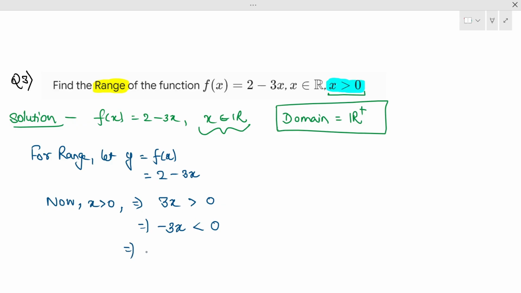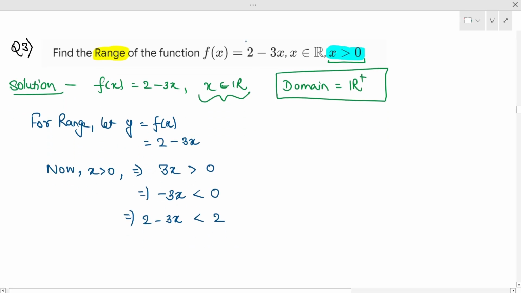And if I add 2, then 2 minus 3x will be less than 2, right? So basically we added 2 on both sides. Next, we can see that this is basically y, which means y is less than 2.